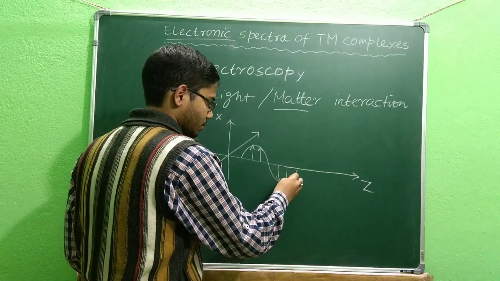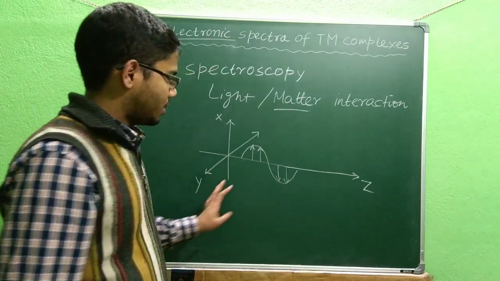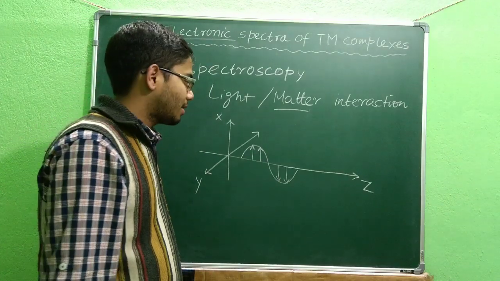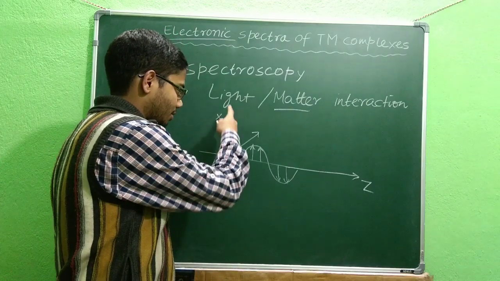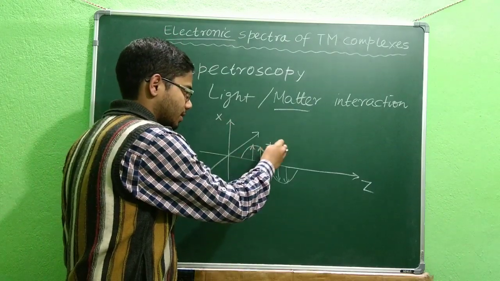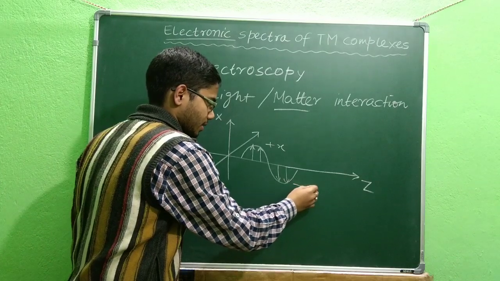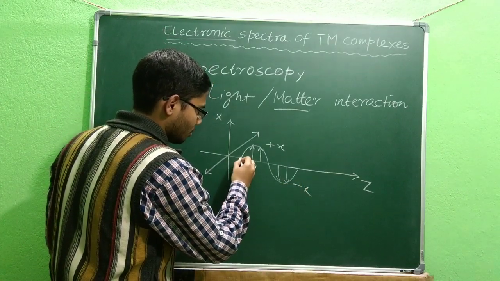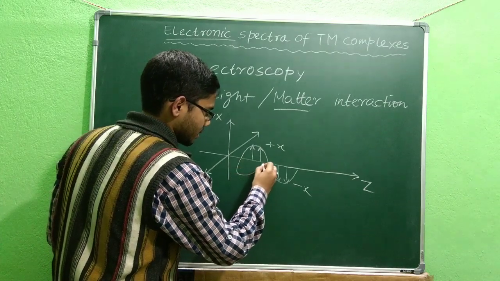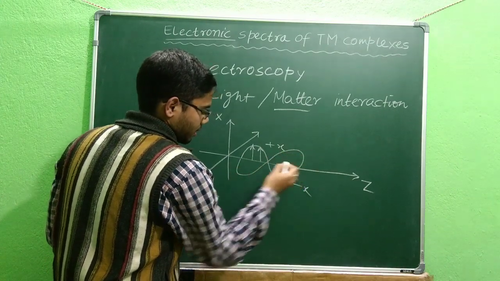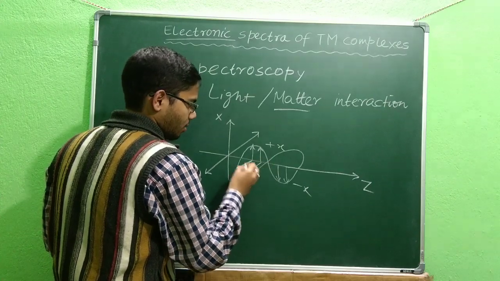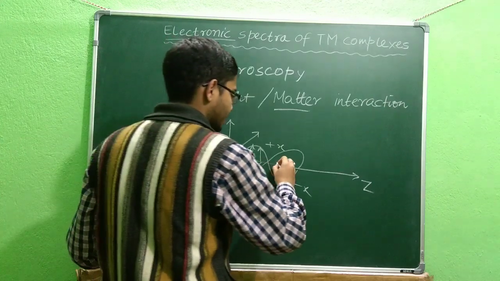This is your electric field, along the X axis, plus X, minus X. And you have another one orthogonal to this, along the plus minus Y axis.